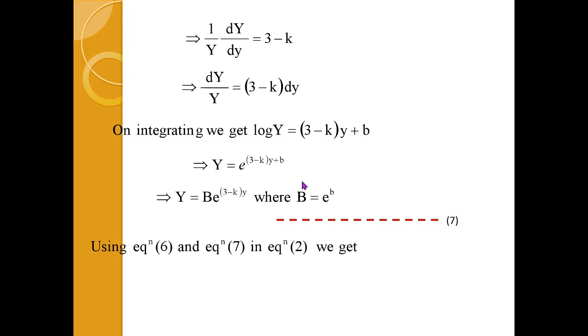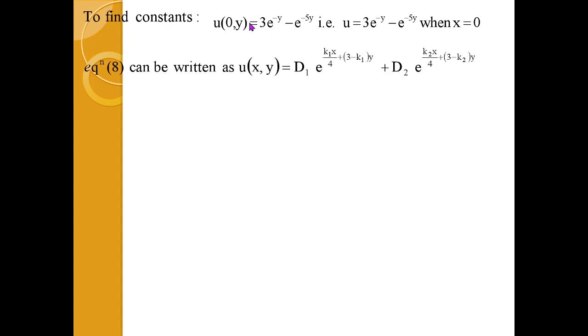So I hope the method is clear to you all. Once we get the expression for capital X and Y, let us put this in equation number 2. So we have u of x y in this way, where a into b is a constant which I have denoted by d, and applying law of indices to the remaining terms. So this is a general solution, but according to the conditions given, as we want to find out the constants, we will rewrite that general solution in this way.